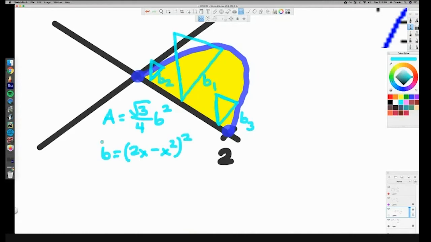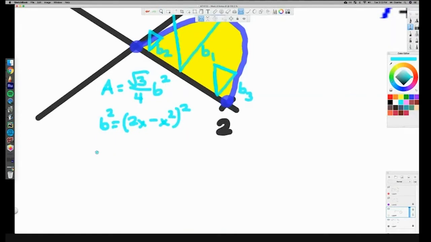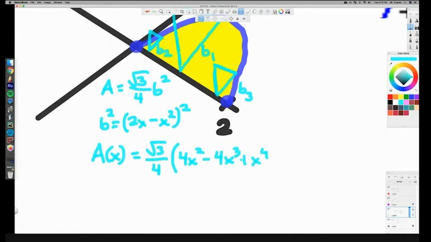Now the base squared, you just square both of them. So you just throw that in there. And then your final area formula in terms of x is going to be equal to √3/4. Now I'm going to square this all out because it's an easier antiderivative if we do that. So it's going to end up being 4x squared minus 4x to the third plus x to the fourth.